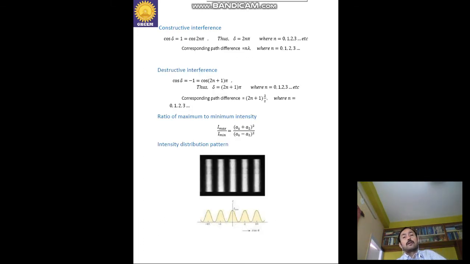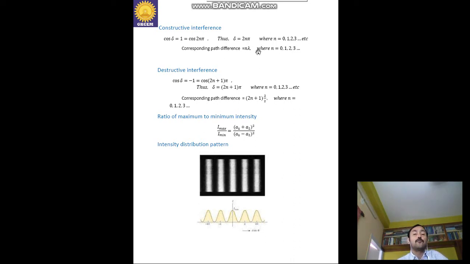Now come to the condition of constructive interference and destructive interference. Constructive interference means bright fringes and destructive interference means dark fringes. The maximum value of cos δ is 1, which we get for cos 2nπ. Thus δ = 2nπ, where n = 0, 1, 2, 3, etc., and its corresponding path difference is nλ.